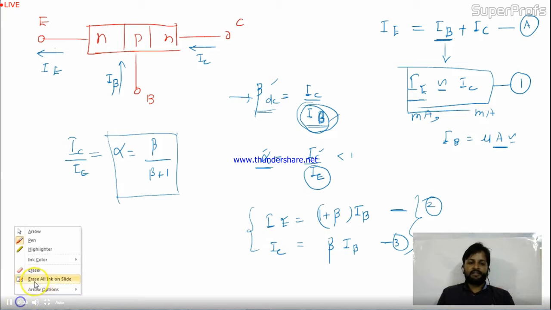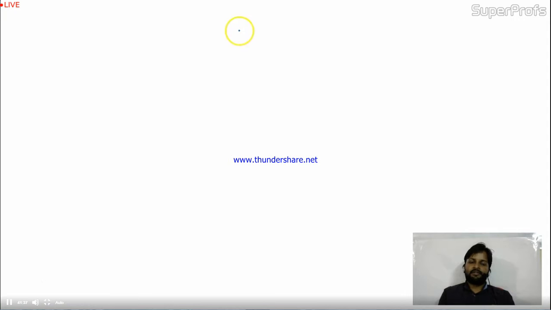So in the last slide we discussed the regions of operation: active region, cutoff region, alright, and saturation region.